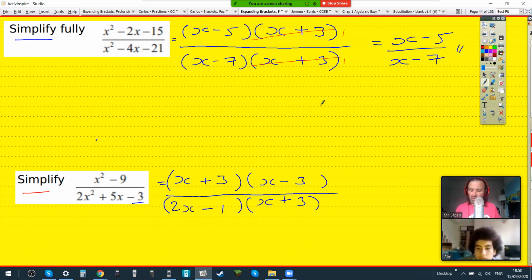Simplify. What do you notice about top and bottom?